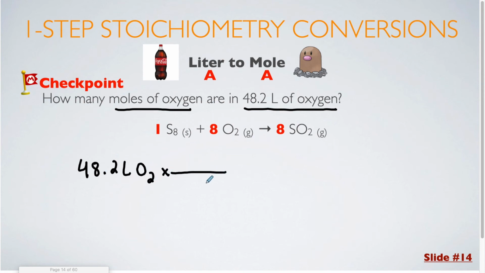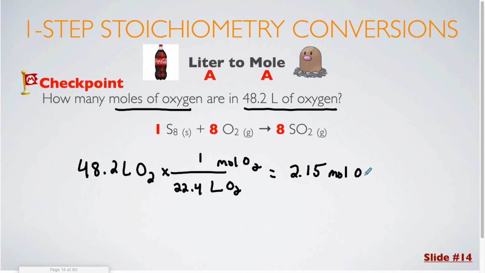I'm going to cancel out liters to moles. 1 mole is equal to 22.4 liters. So this you could get from stoichiometry island. From here we are going to divide. I end up with 2.15 moles of O2, and that is rounded for the 3 significant figures that I have here.